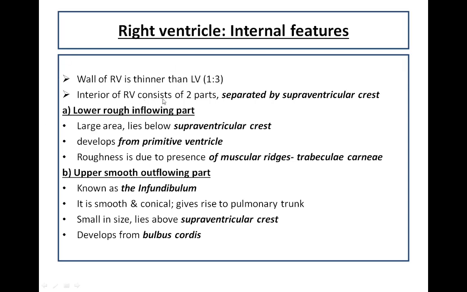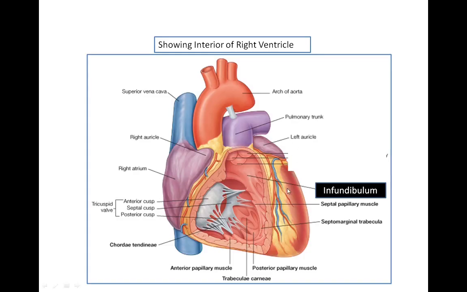So the interior of the right ventricle consists of two parts, which are separated by the supraventricular crest. So this is our interior. We have cut the anterior aspect, then we can see this, and this is our supraventricular crest. Now above the supraventricular crest is the smooth part, and below the supraventricular crest is the rough part.